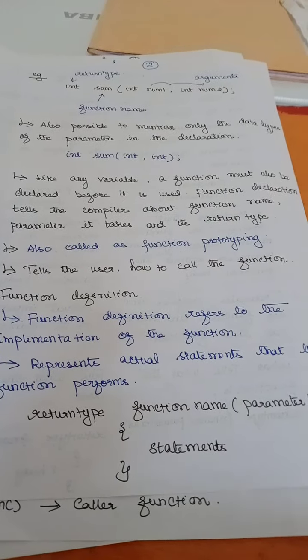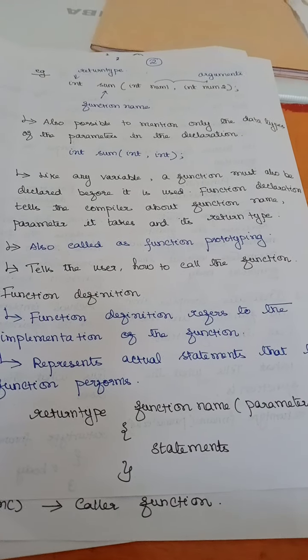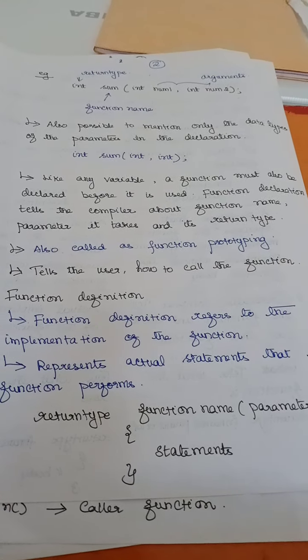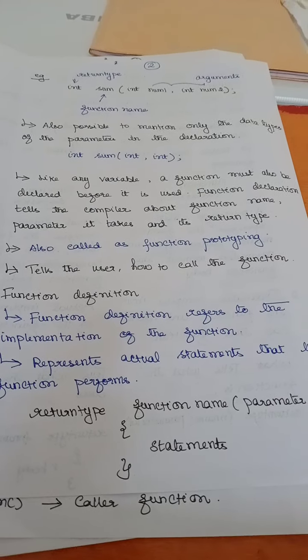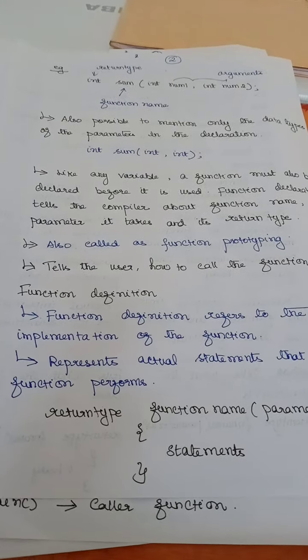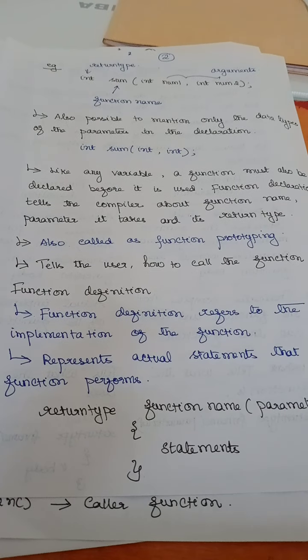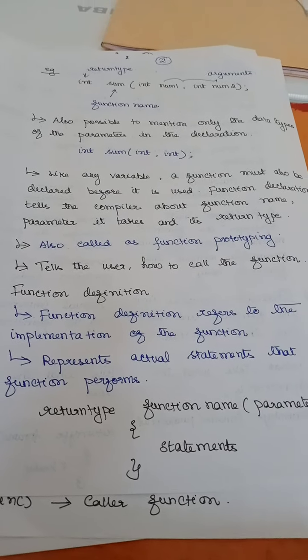We have already seen string copy: it takes two parameters, one is the destination and the other is the source. Both are of type string. So that will tell you how to call the function. Only if I know what type of argument I am going to pass can I call the particular function.